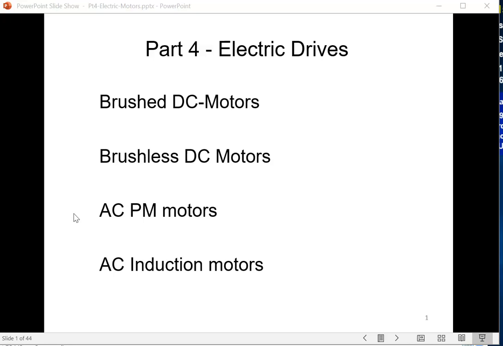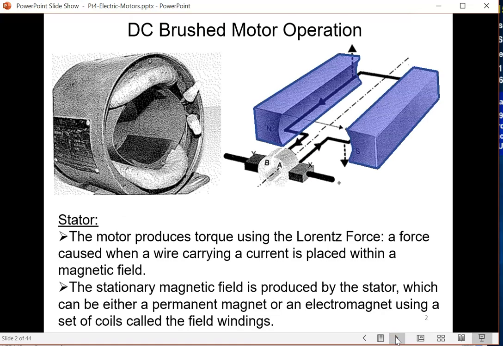So first of all, let's talk about the brushed DC motors. It's funny that now we add the word brushed to the front of DC motors. In the olden days, we didn't really have to, because before the age of power electronics, DC motors had only one type, just brushed.